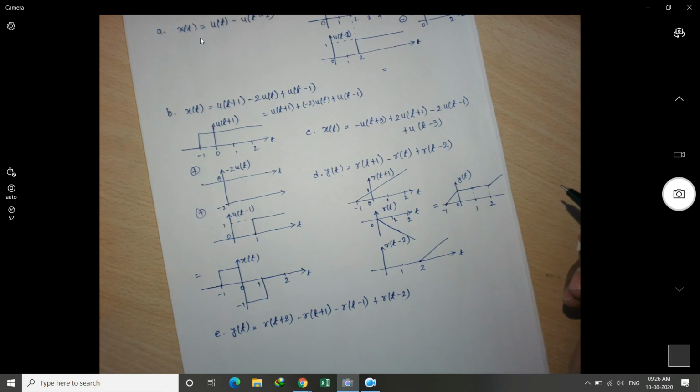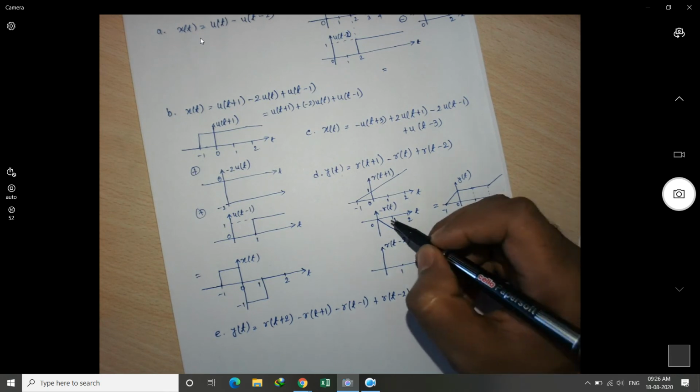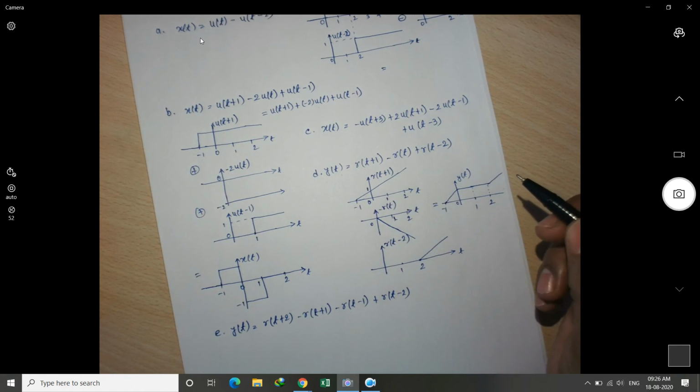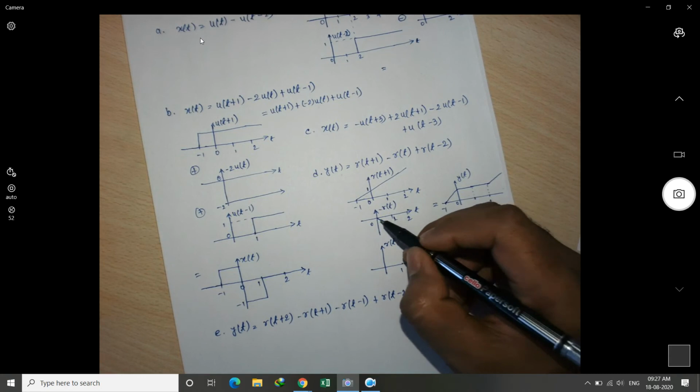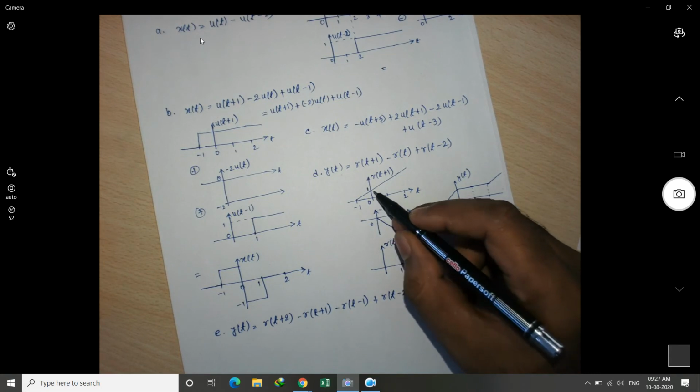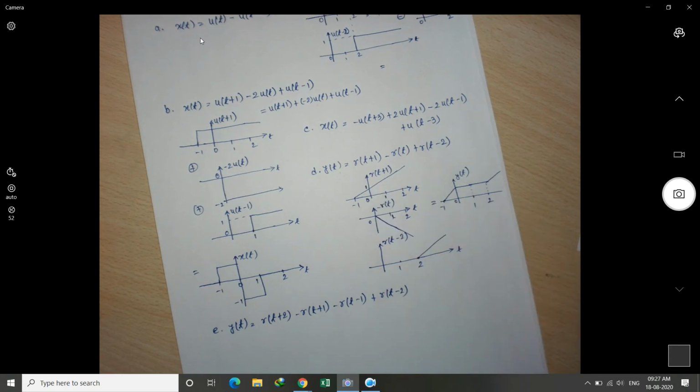Yes, sir. Just look at the 0 location. At the 0 location, 1 minus 0, right? After that I am not understanding how it came with the constant.